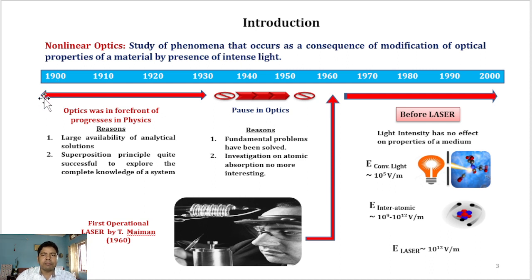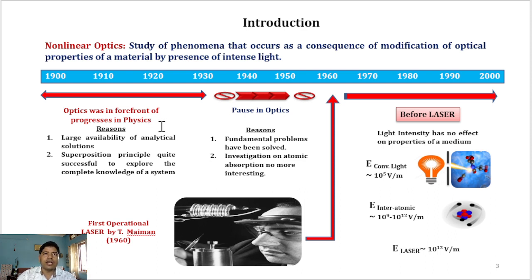Basically, optics was at the forefront of progress in physics from the very beginning, when modern science evolved. From that point of time, we knew about reflection, refraction, interference.